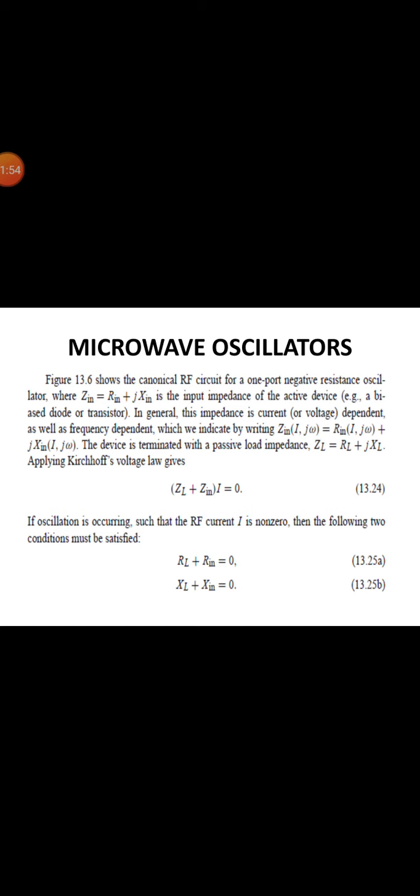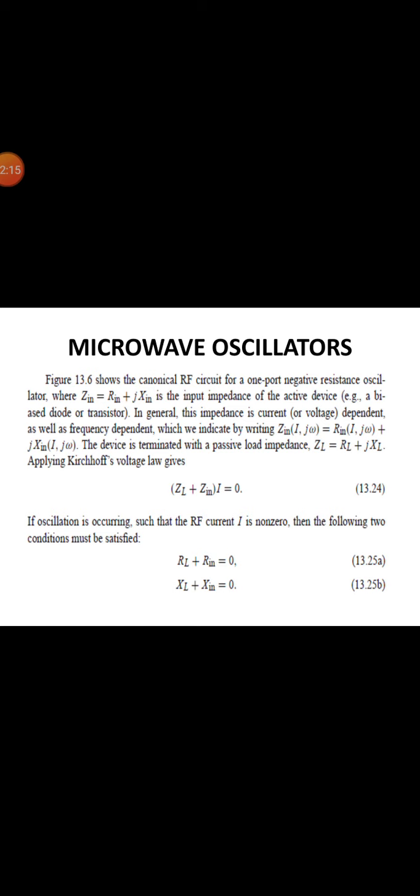In general, this impedance is current dependent as well as frequency dependent, which we indicate by writing Zn(I, jω) = Rn(I, jω) + jXn(I, jω). This device is terminated with a passive load impedance, that is ZL = RL + jXL.